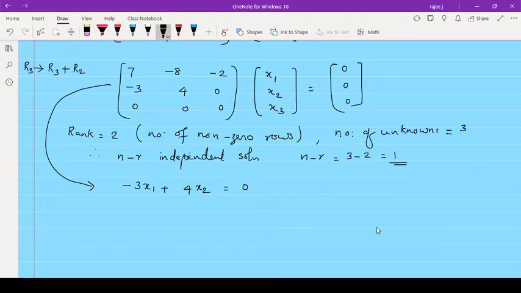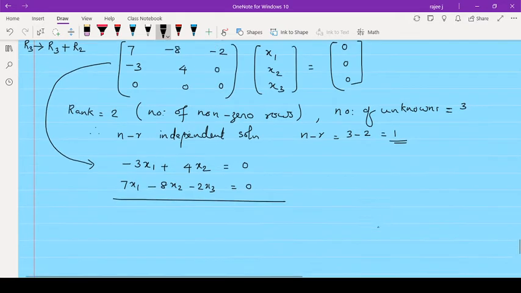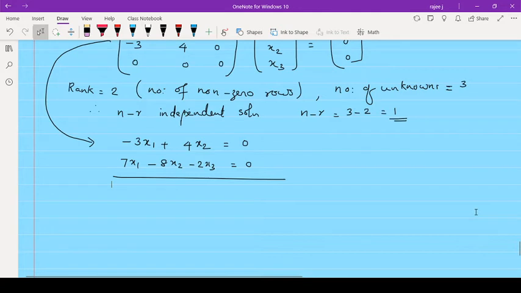That is one equation. Now from the first row: 7 into x1 minus 8 into x2 minus 2 into x3 is equal to 0. If you try to solve these by any way, calculator or otherwise, you will not get the solution, because there are 3 unknowns, x1, x2, x3, and 2 equations. So you cannot solve this directly.